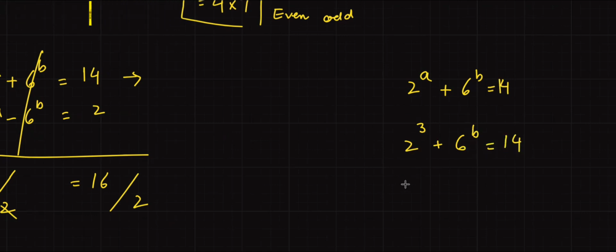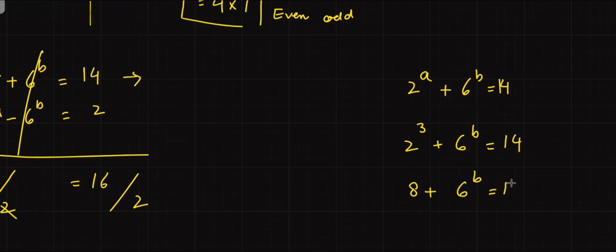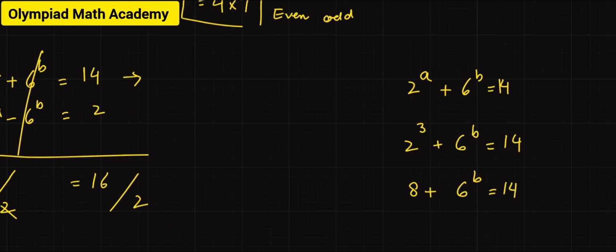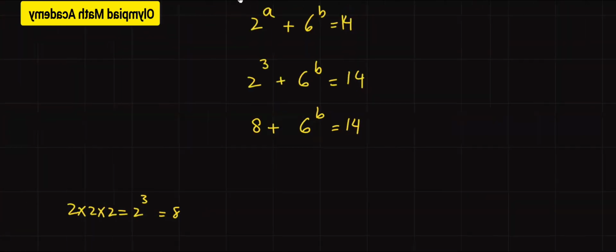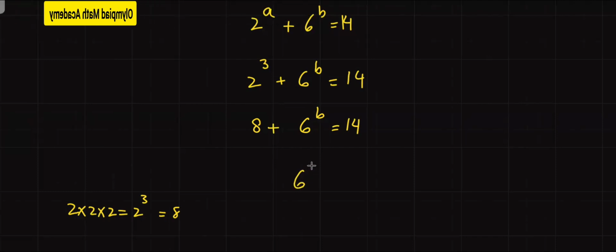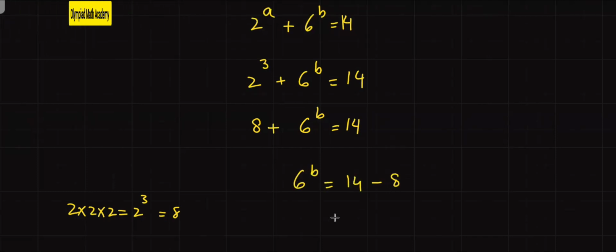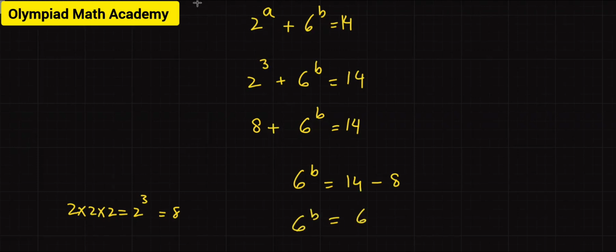So 2 power 3 means 2 times 2 times 2, which equals to 8, plus 6 power b equals to 14. Now, as there is no variable with the 8, it will go to the other side, and 6 power b equals to 14 minus 8, which gives you 6. So 6 power b equals to 6.